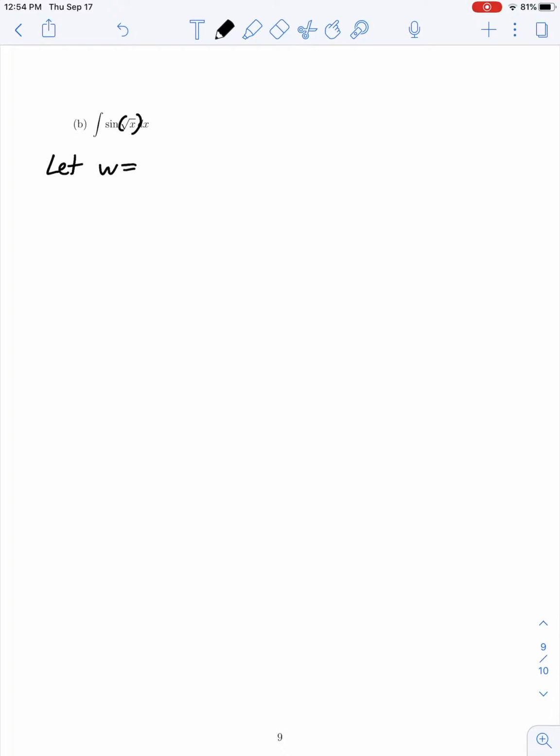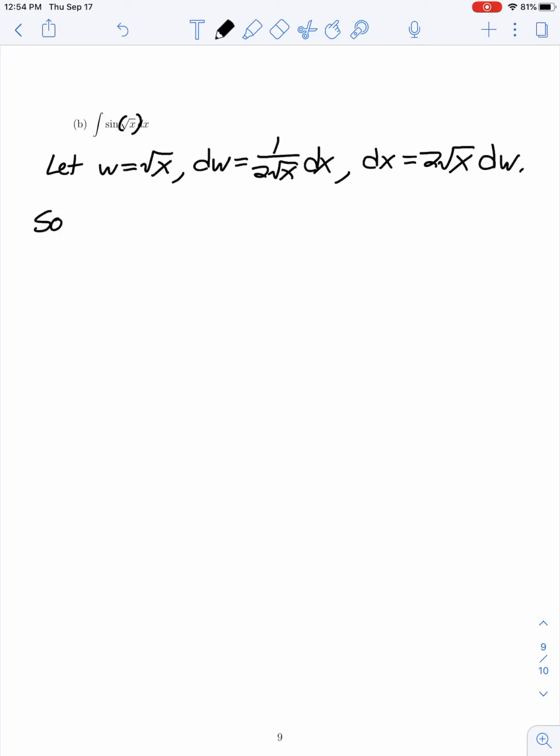So I'm going to let w equal the inner function in my composition, that is the square root of x, so that dw is 1 over twice the square root of x dx. And solving for dx, I have 2 times the square root of x dw.